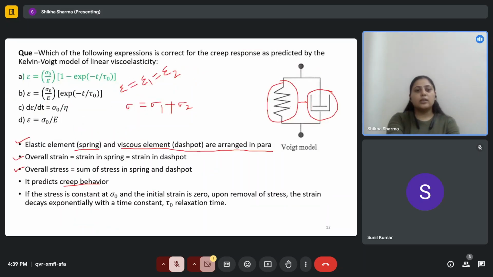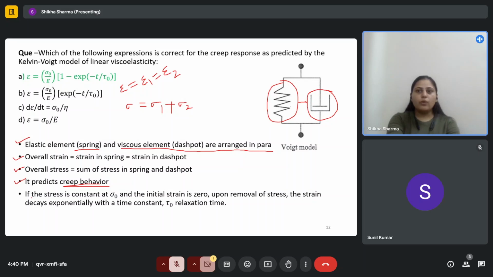In the Kelvin-Voigt model, the creep behavior is predicted well, whereas the stress relaxation behavior is not. So these two models are predicting two different things, well, but not the same thing.